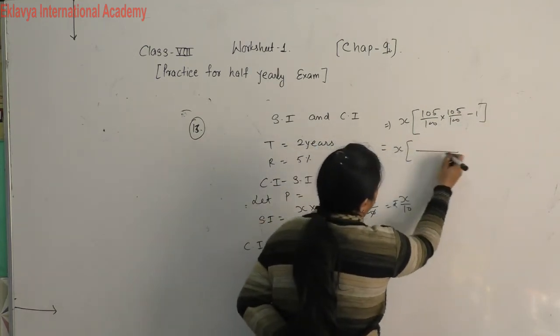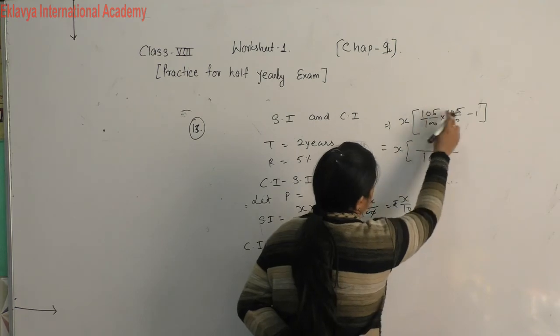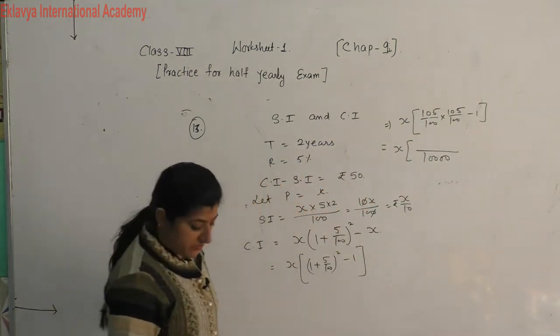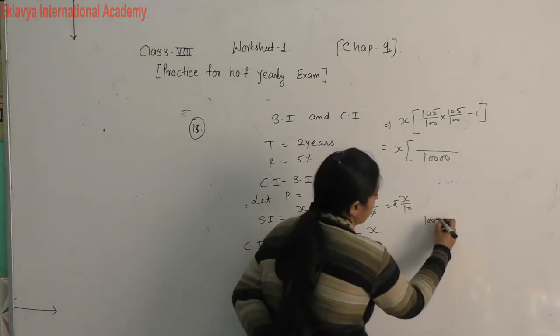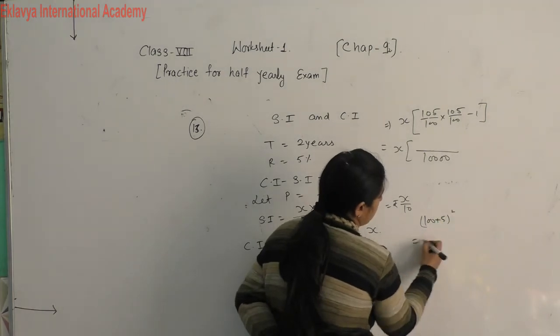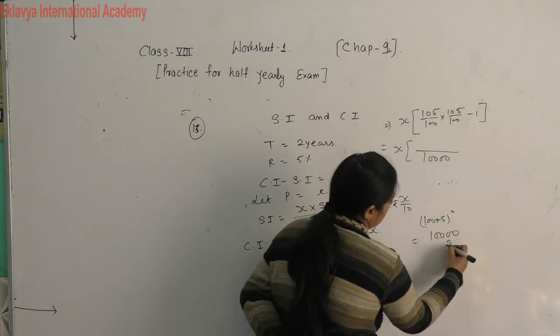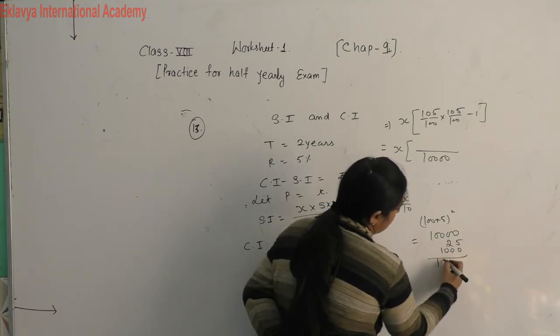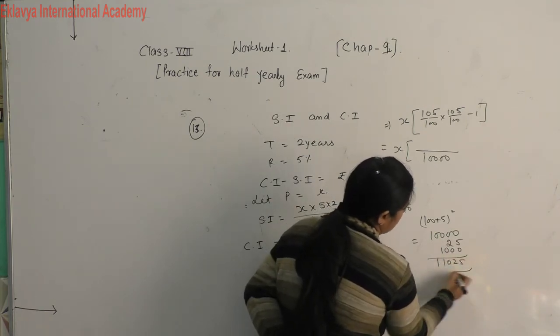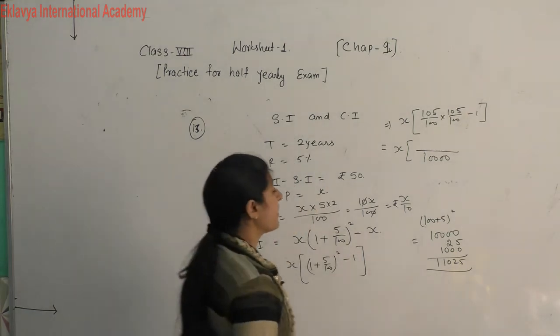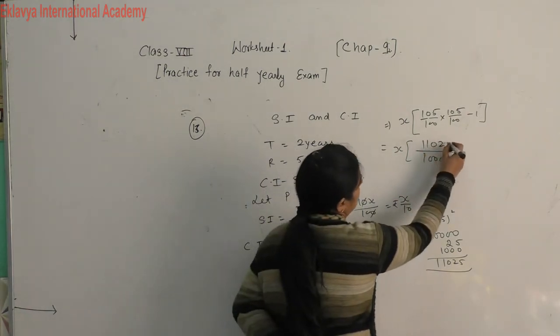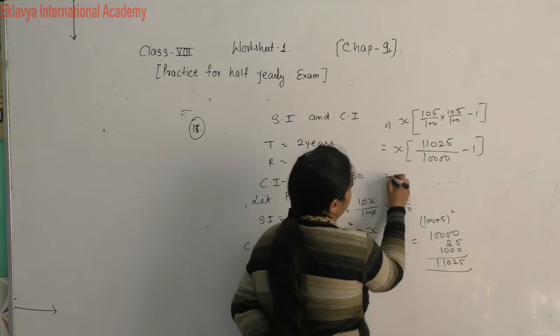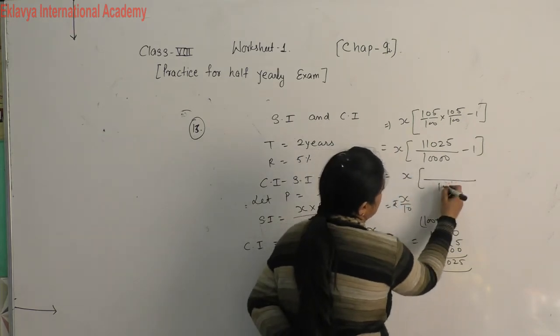X multiply this 105 into 105, that you can take as 100 plus 5 whole square, it becomes 25, that is 10,000. Then it becomes 11,025, minus 1, x, take LCM.